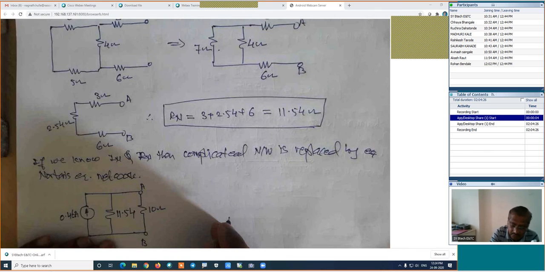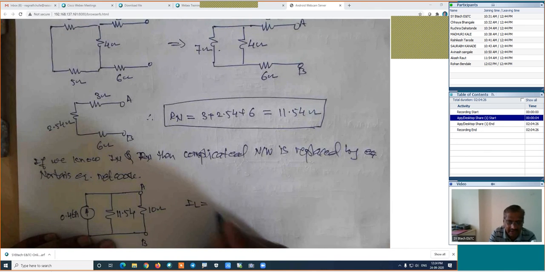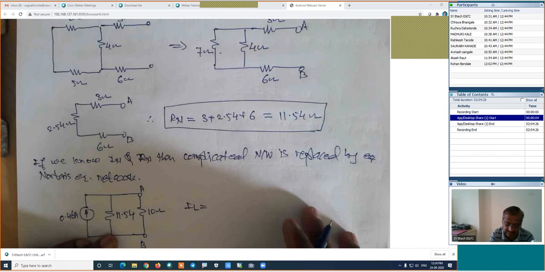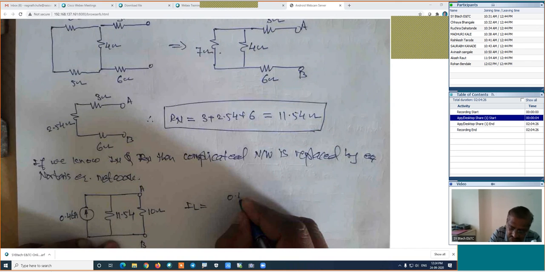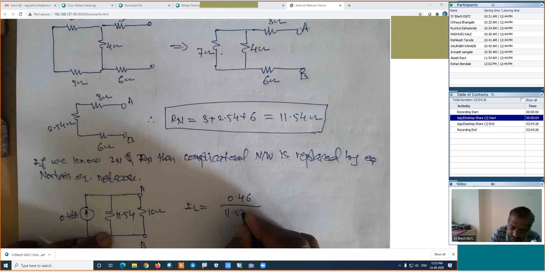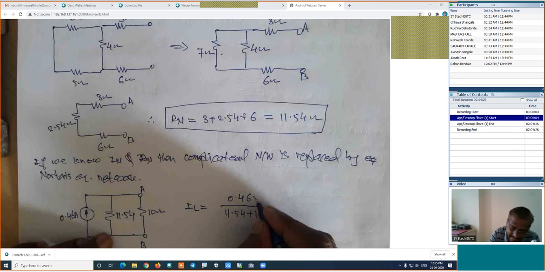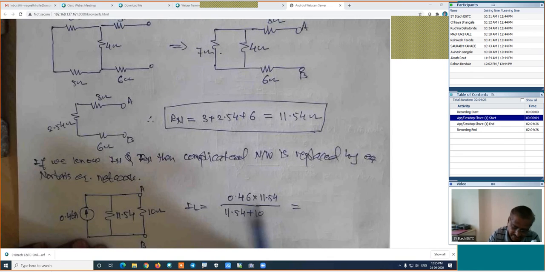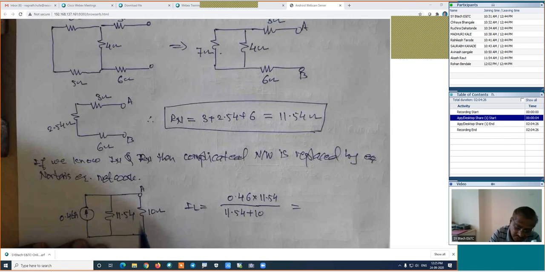Now, calculate the load current first. How is the case? You can make it as a current division rule or just copy the formula. One and the same thing. This is 0.46 total current into resistance of the opposite branch 11.54 plus 10. That is IN into Rn, 11.54 divided by Rn plus RL, which is equal to total current into resistance of the opposite branch divided by resistance of both branches, because we are interested in this current which is the IL.